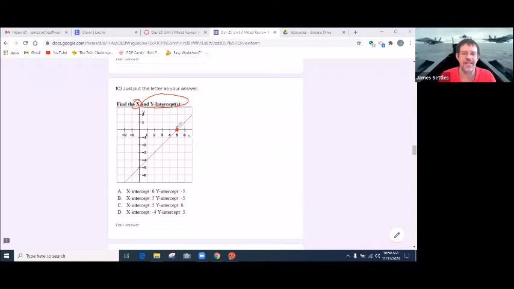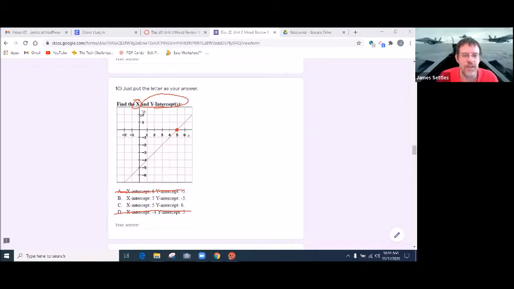I already see a lot of y'all typing in answers. That's awesome. And so look at this, and remember, we're only looking at the X-intercept. So don't look here at the end right here. Look right here. The X-intercept is not 6. And the X-intercept is not -4, so it's got to be one of these two. Then we can go look at the Y-intercept, okay?